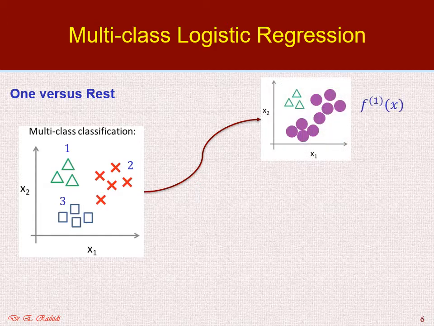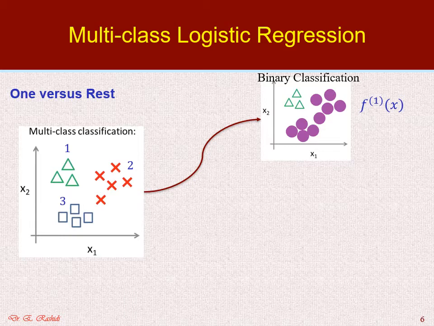And we're going to train the logistic regression f1 of x, because it's trained for the first class. As you see here, we only have 2 classes: the triangles, or class 1, and the circles, or class 0. So this is a binary classification problem, a typical problem that logistic regression is good at solving.